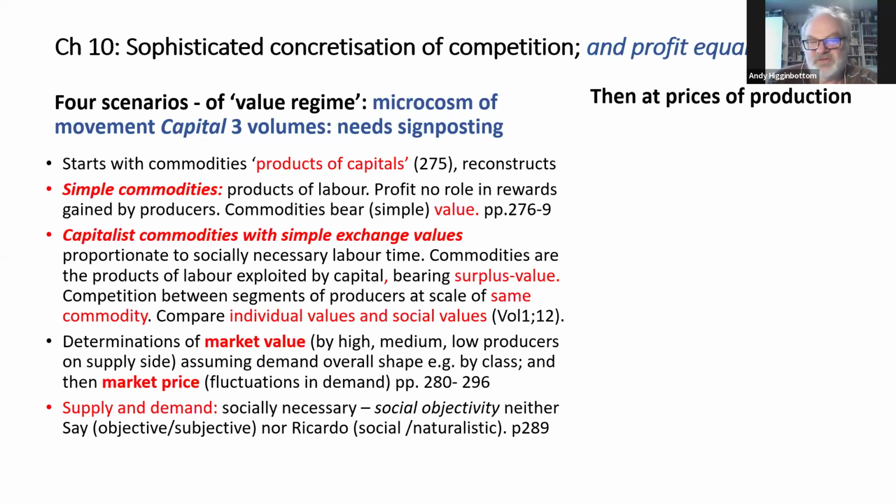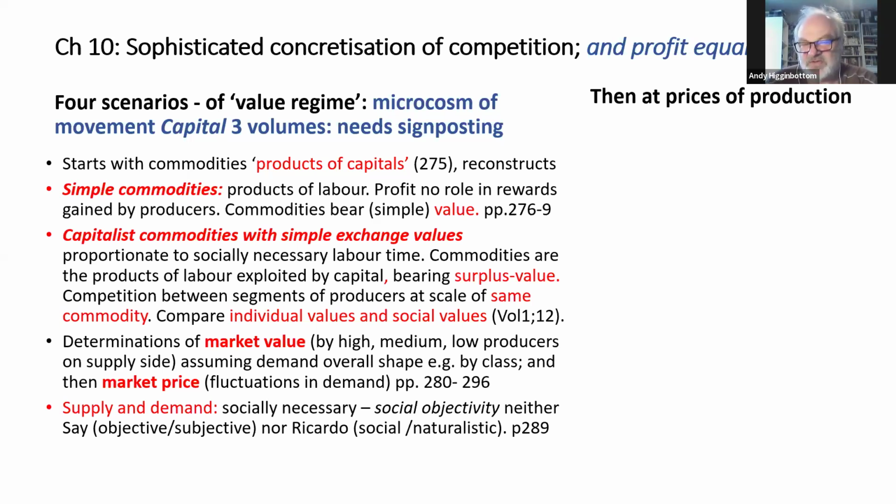And what's incredibly interesting is that this one chapter is actually a microcosm of an awful lot of the course of the entire exposition across three volumes. Because what he wants to get at is how competition works when commodities are the products of capitals.